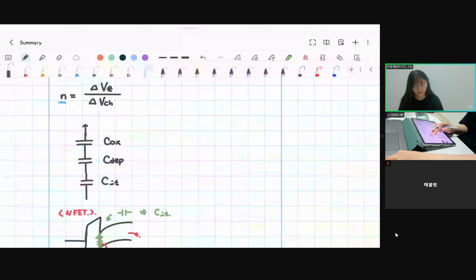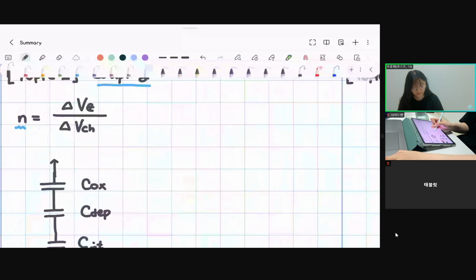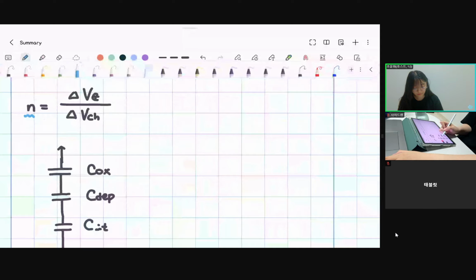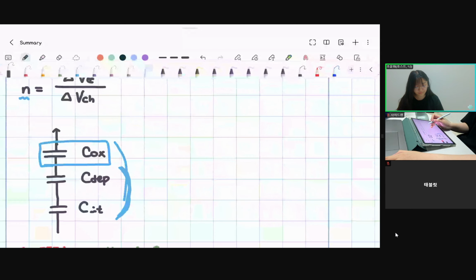So the coupling means, when the oxide capacitance is here and the remaining capacitors are here, but capacitance is a little bit difficult, so we can handle it by using impedance.